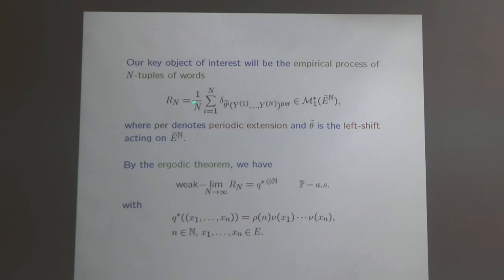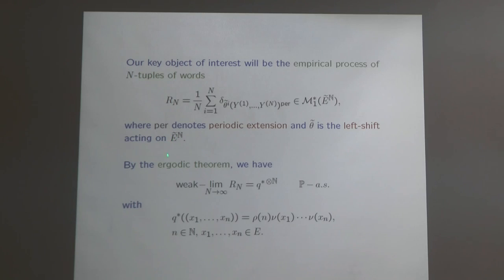And when you do that, you obtain an empirical process of size N. This is, by its very definition, a probability distribution on this sentence space, and it has the additional property that it is invariant under the left shift theta twiddle acting on this space of infinite sentences. Yesterday I didn't have a twiddle, but now I have a twiddle because I'm looking at this space of words, right? And so that's a different space.